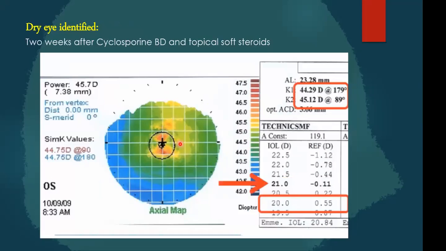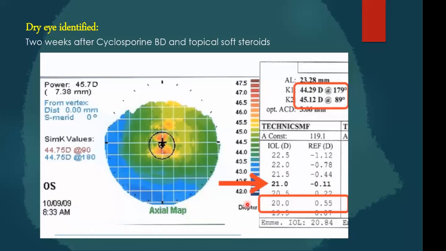So the patient had dry eyes with some amount of meibomitis. So we gave the patient topical soft steroids, and we also gave the patient cyclosporine. With that, the patient's topography became more regular. The patient's keratometry also regularized and changed, and the actual IOL power of the patient was 21 diopters.